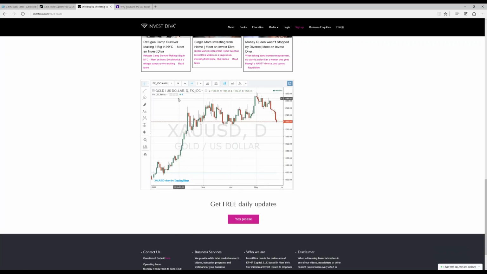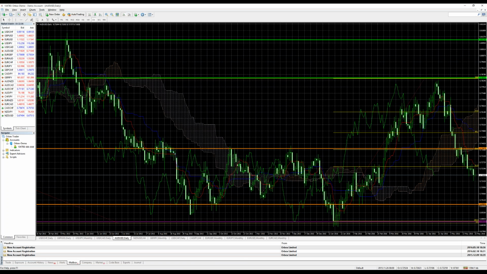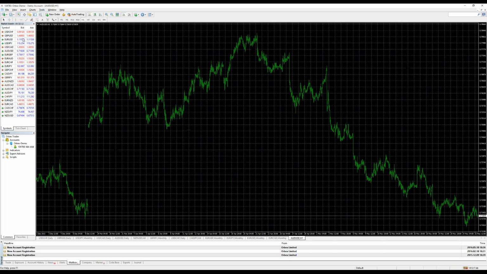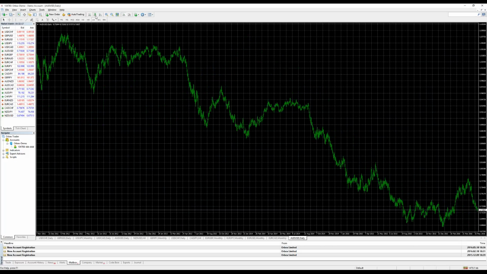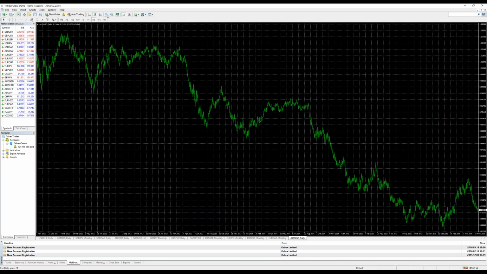But the correlation, as you can see, between the two is not really perfect. I apologize, this is a little bit too messy, so I'm going to create a new chart of the Aussie dollar so you have a better view of what I'm talking about. So let's take a look at the correlation.